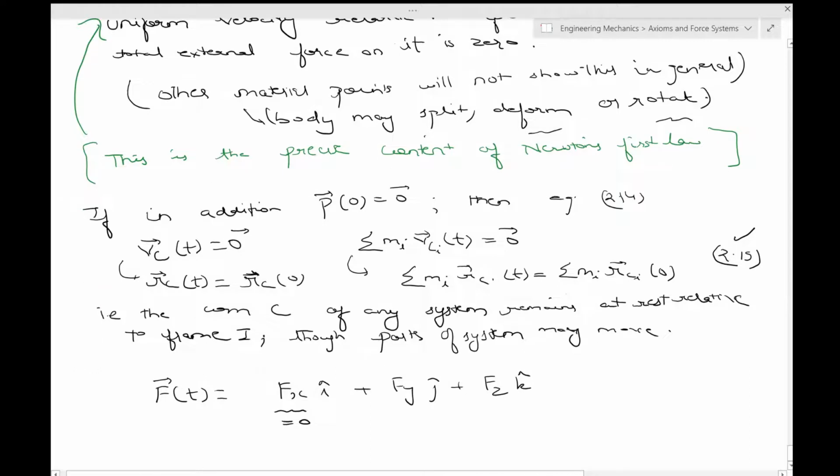Similarly, if another component is equal to 0, then 2.14 and 2.15 will be valid only along that particular direction. So these statements will not in general be valid; they are only valid if the particular component is equal to 0. If all of them are 0, then clearly this holds.